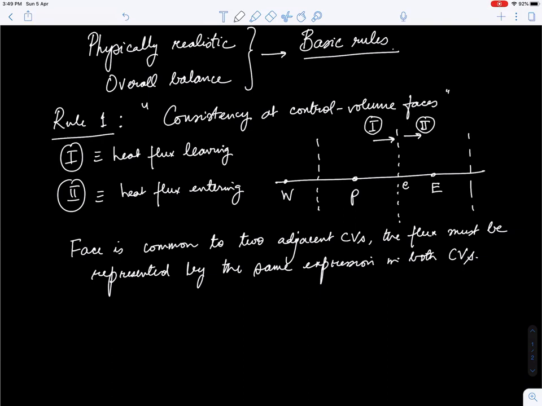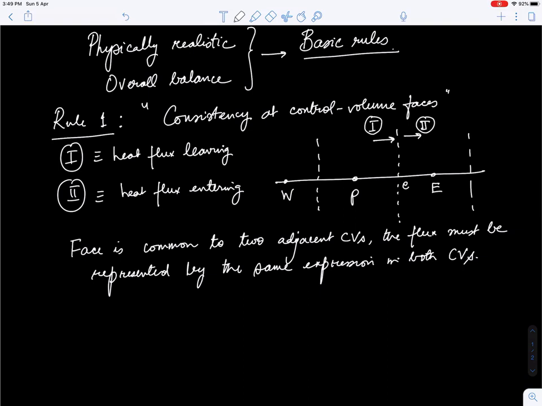Now, why do we say that it should be the same expression? Well, it's logical that conservation of flow of heat would essentially mean that heat flux leaving one CV should be equal to heat flux which is entering the neighboring CV, right?